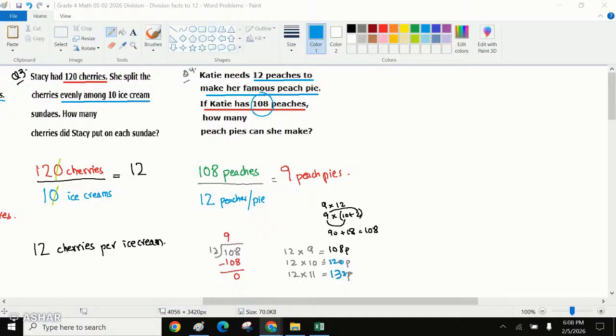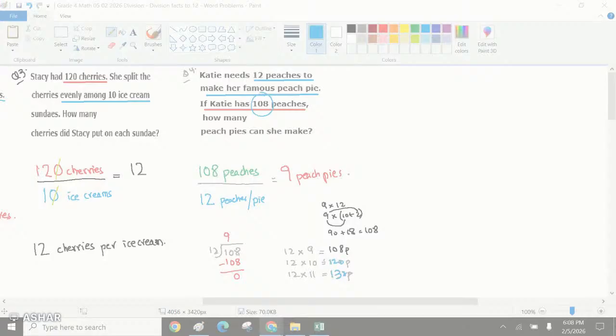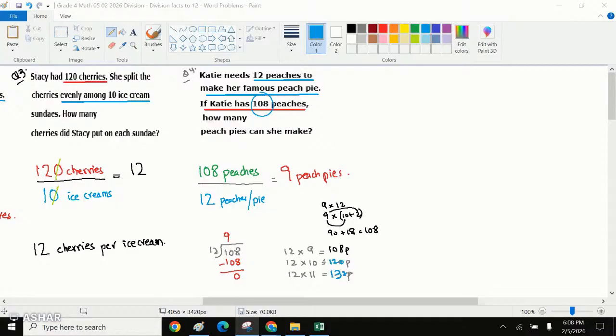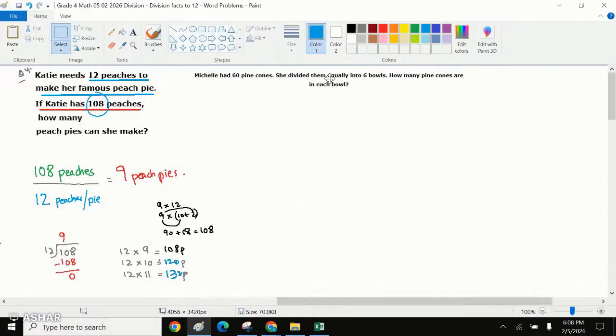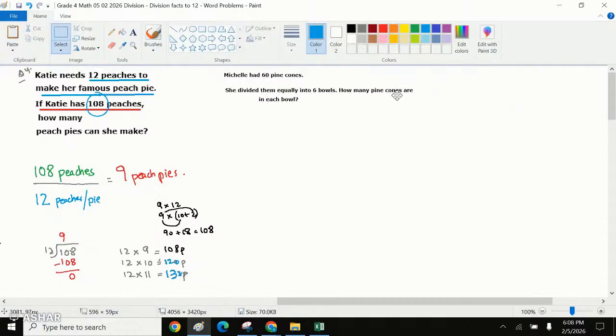The next question says, Michelle had 60 pine cones. If she had a total of 60 pine cones, she divided them equally into 6 bowls.